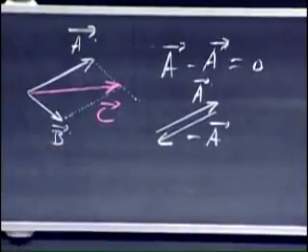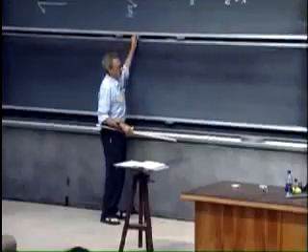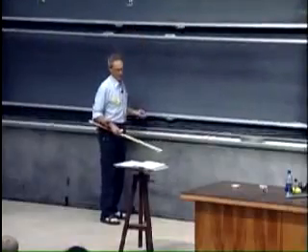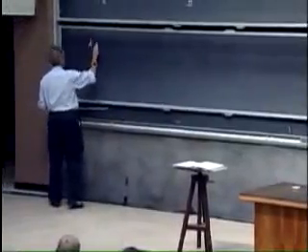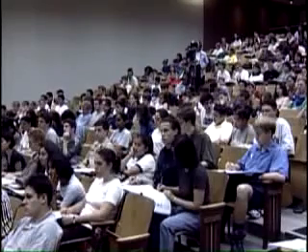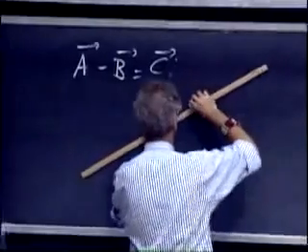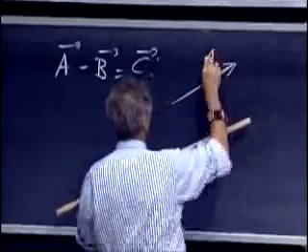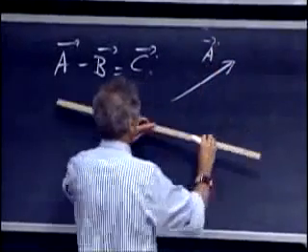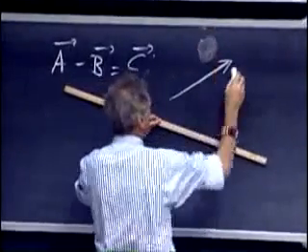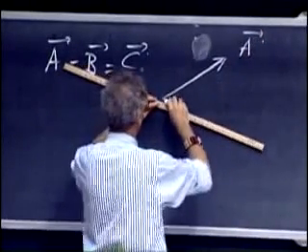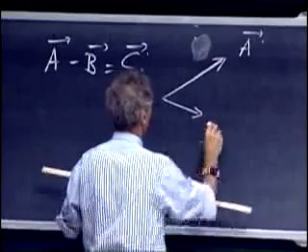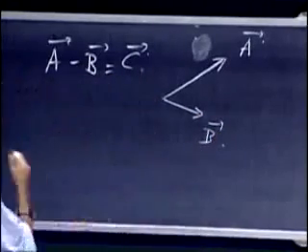And that brings us to the point of subtraction of vectors. How do we subtract vectors? So A minus B equals C. Here we have vector A, and here we have vector B. One way to look at this is the following.